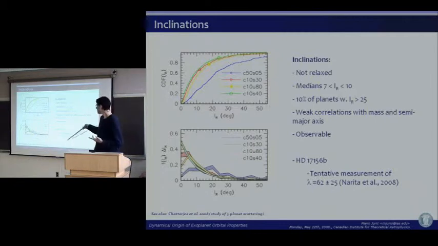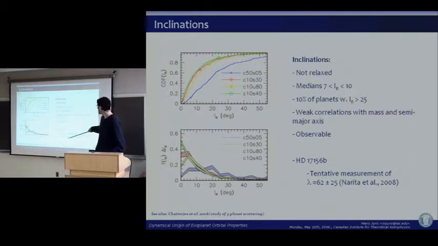But if this measurement holds, then this will be the first planet where we know that it's significantly misaligned compared to the stellar spin, and this will imply that there really are some kind of strong planet-planet or planet-star interactions. And incidentally, this star is not a binary that could be pumping up this inclination.